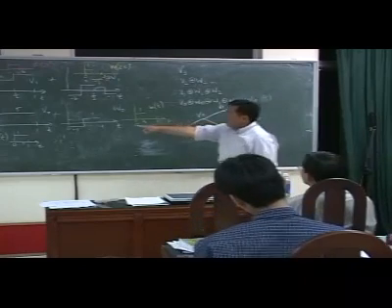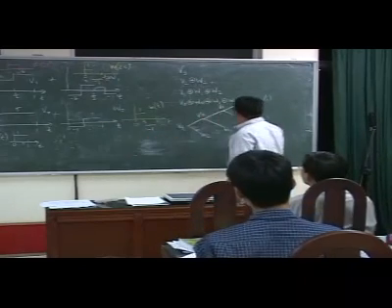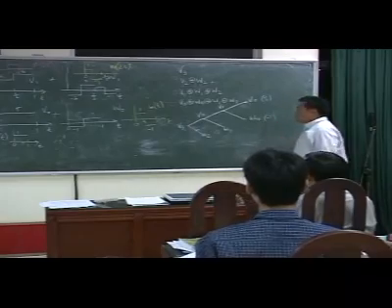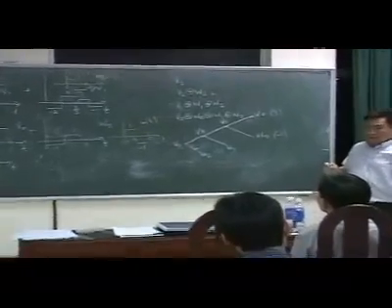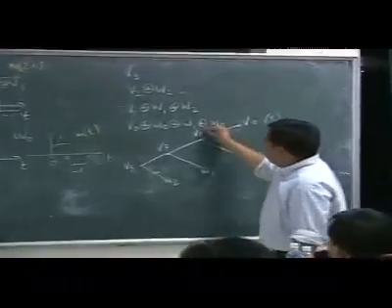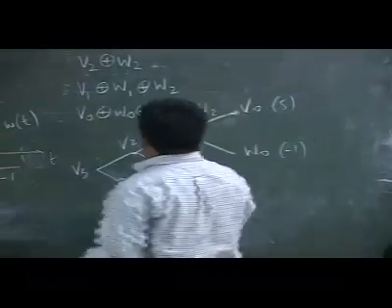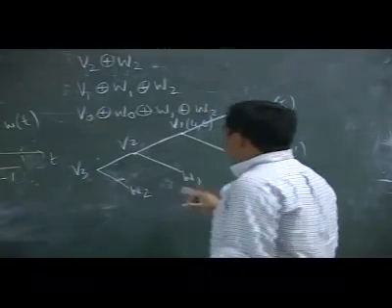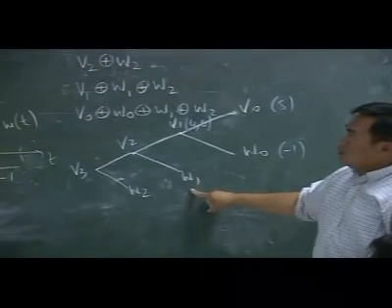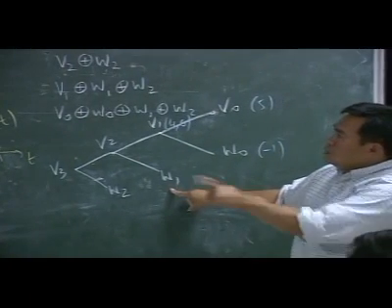What's that coefficient? -1. Alright? How about this one? It will be 4, 6. Right? 4, 6. How about W1? -2, 1.